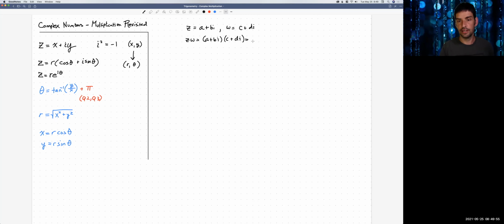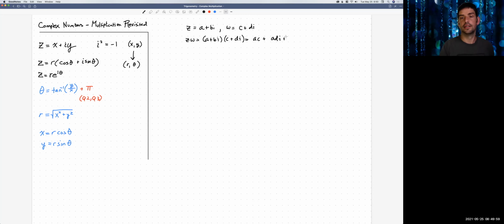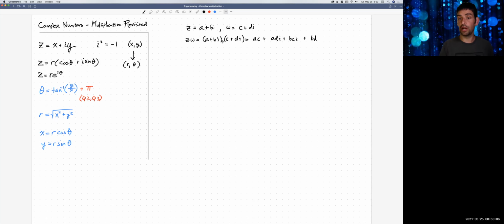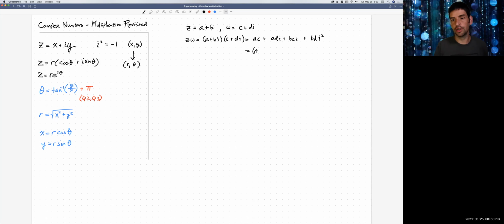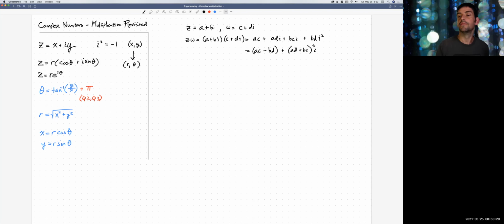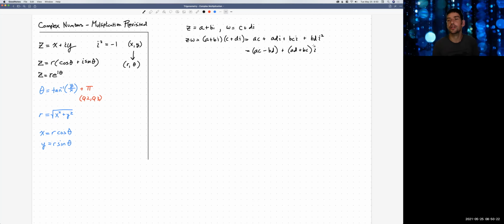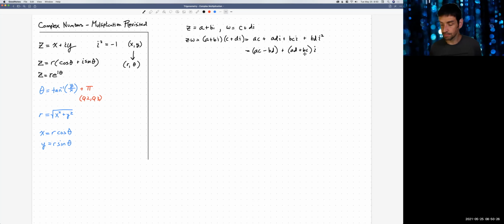This looks like ac plus adi plus bci plus bdi squared, right? So I'm just foiling this as you would. And we can reorganize this, that i squared becomes a -1, and we get ac minus bd plus (ad plus bc)i, right? There's our new complex number formed by multiplying these two complex numbers together.